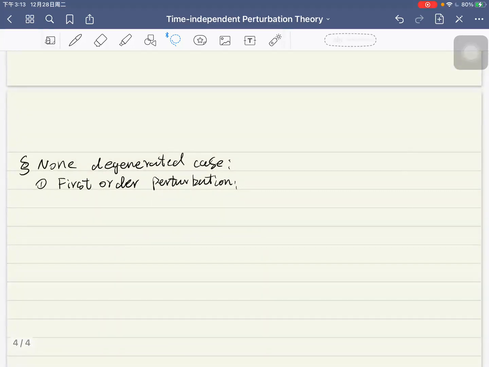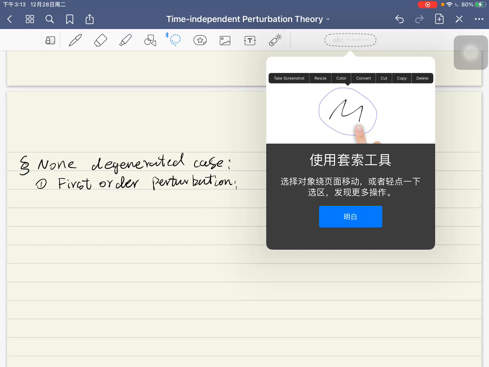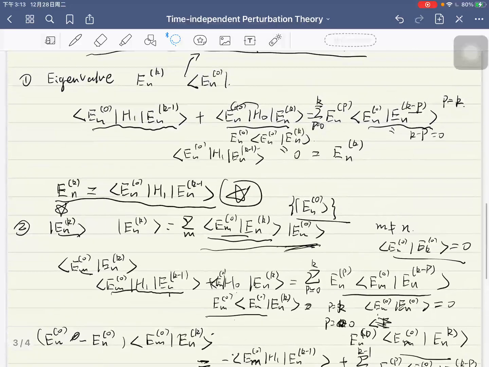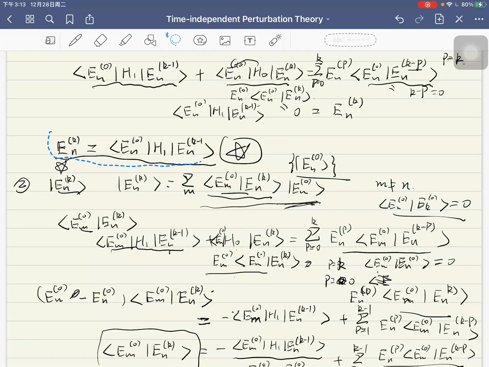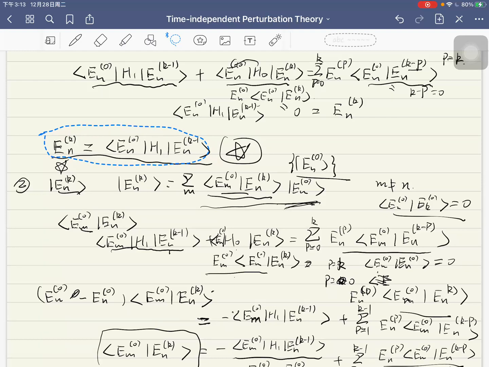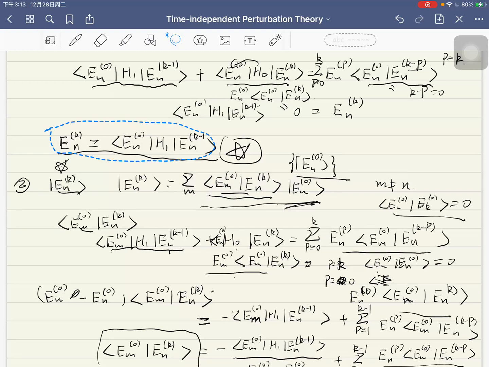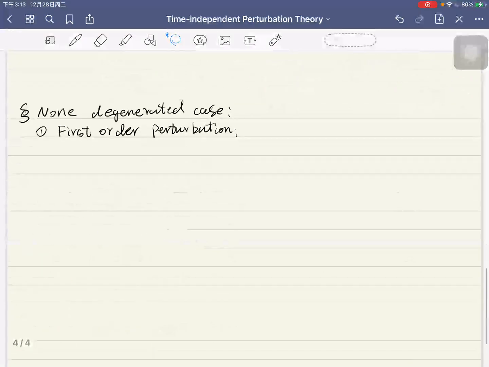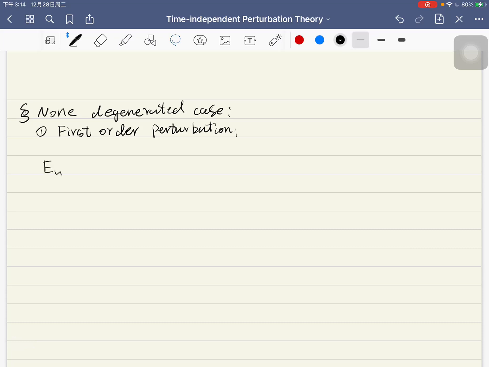E_nk equals E_n,k minus 1 for the first order perturbation. k equals 1, so E_nk equals E_n1 equals 0.